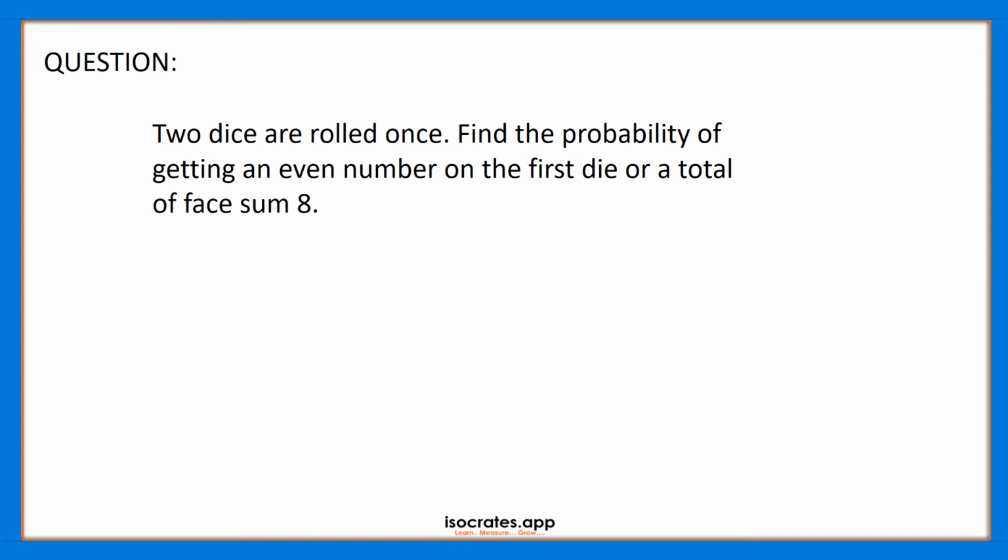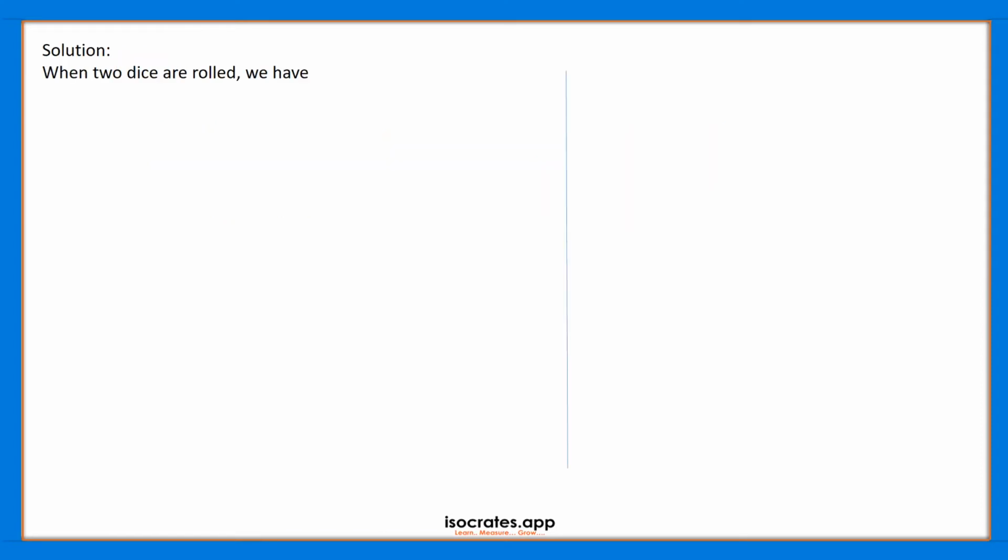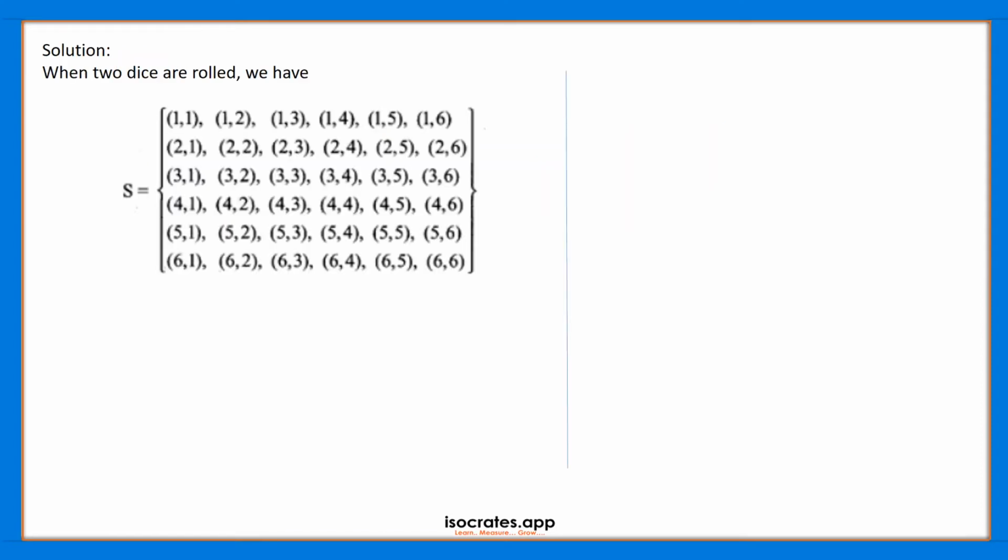So we have a sample space S as (1,1), (1,2), (1,3), (1,4), (1,5), (1,6), (2,1), (2,2), (2,3), (2,4), (2,5), (2,6), (3,1), (3,2), (3,3), (3,4), (3,5), (3,6), (4,1), (4,2), (4,3), (4,4), (4,5), (4,6), (5,1), (5,2), (5,3), (5,4), (5,5), (5,6), (6,1), (6,2), (6,3), (6,4), (6,5), and finally (6,6).